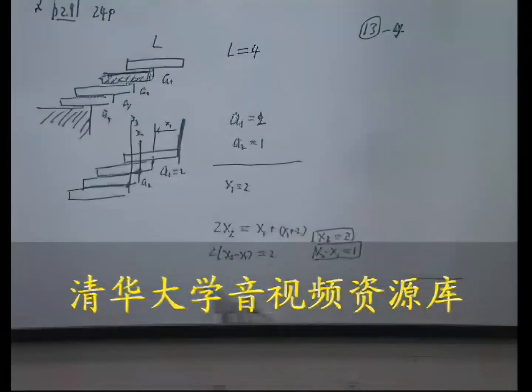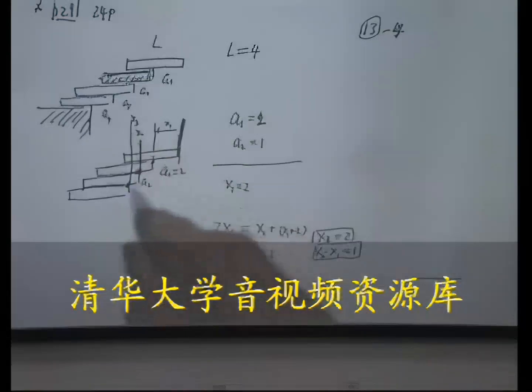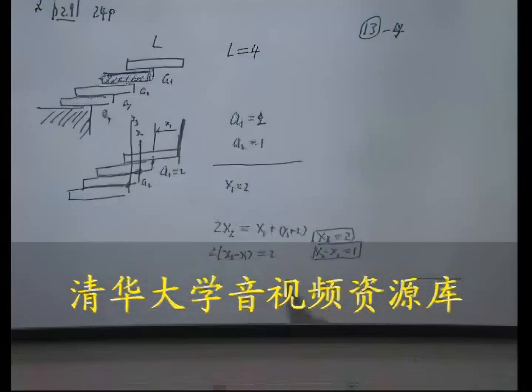Now I do the same for the next one. The next one I have is x3. x3 is the position of the center of mass of the top 3 blocks. So I get 3x3. I'm now writing down the sum of mi xi, which is equal to the sum of m times x of the center of mass. The sum of m is 3 because I have 3 blocks on top. This is the position of the center of mass.